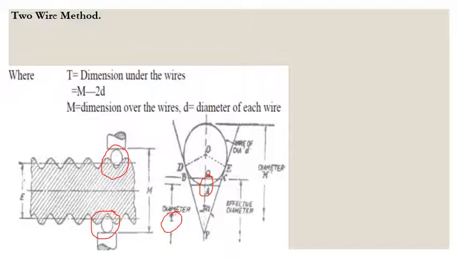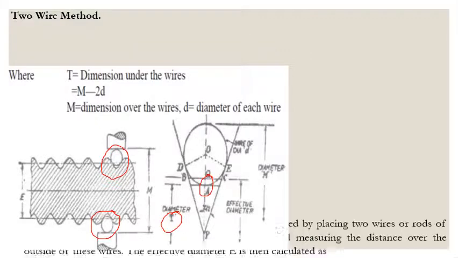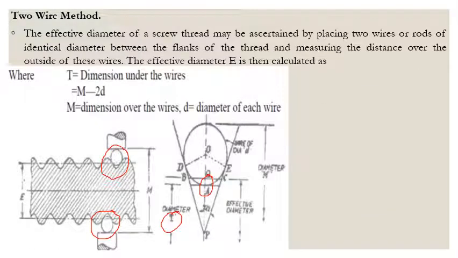We have to derive the equation for calculating P, and then the effective diameter is given by E equal to T plus P. The effective diameter of a screw thread can be ascertained by placing two wires or rods of identical diameter, which we call the best size wire, between the flanks of the thread, and measuring the distance over the outside of these wires.